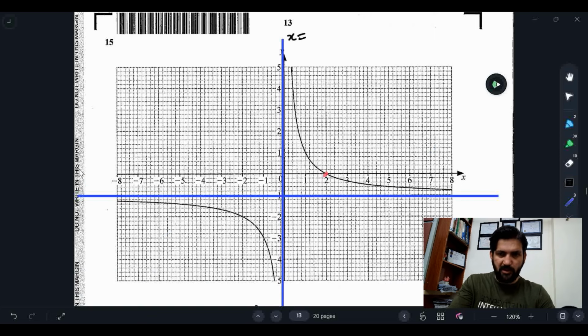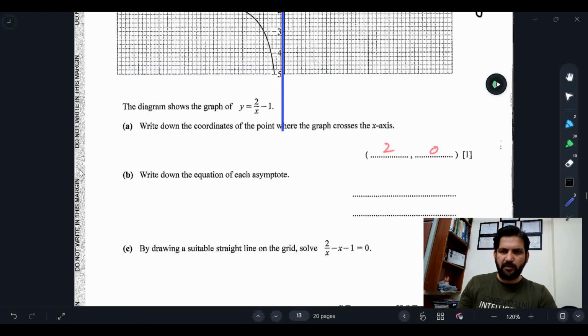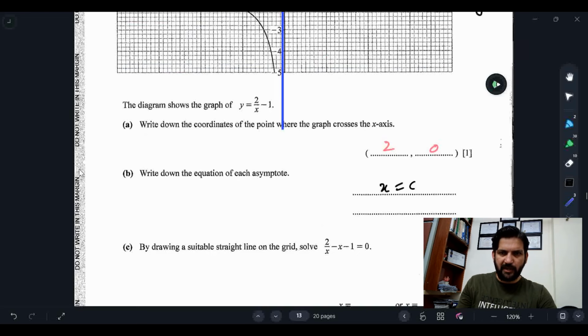So it means that at this point x is equal to 0, and at this point y is equal to minus 1. So we will have two equations, x is equal to 0 and y is equal to minus 1.